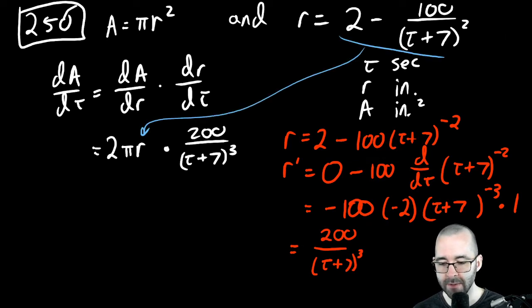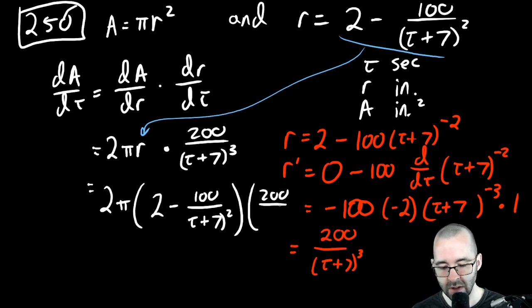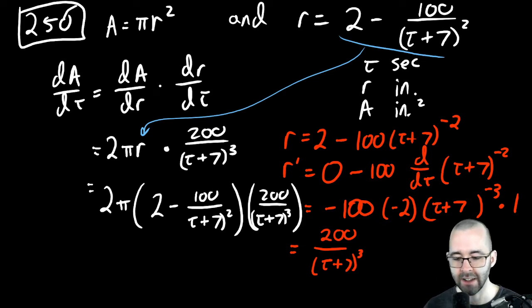It's going to get a little messy. This is 2 pi times the radius, 2 minus 100 over t plus 7 squared, times this other thing that we had from before, 200 over t plus 7 cubed. And now we just clean things up a bit.